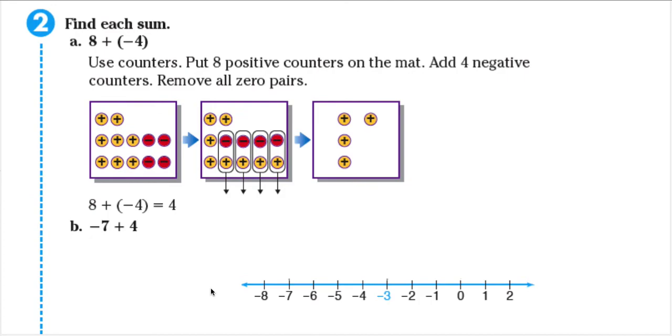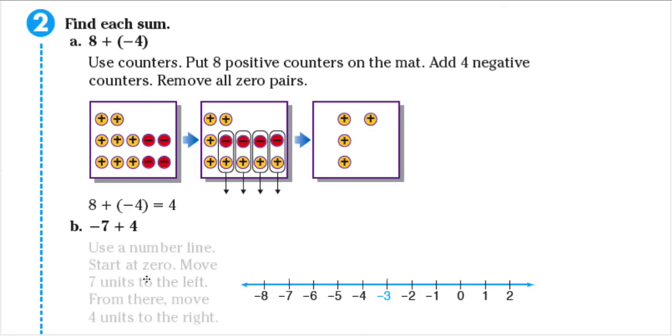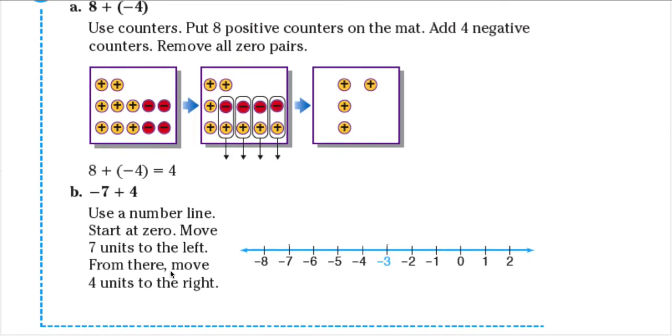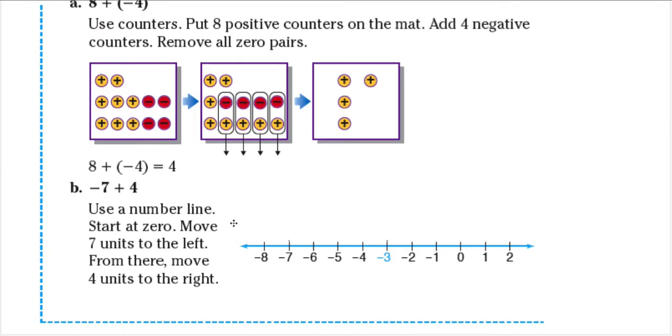Let's take a look at negative 7 plus 4 and let's use a number line for this. Start at 0, move 7 units to the left of 0. So this is your 0, 7 units to the left of 0. And then from negative 7, move 4 units to the right, because you're adding 4.